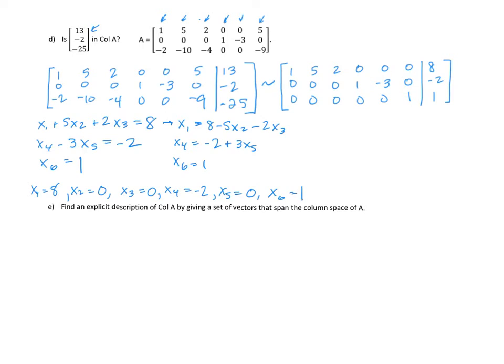So now I'm just going to double check. If I put those weights on the columns of A, let's see, x1 is 8. So I do 8 times 1, 0, -2. x2 and x3 are 0, so I have 0 times whatever those columns are. I'll put them in just so we don't lose track.